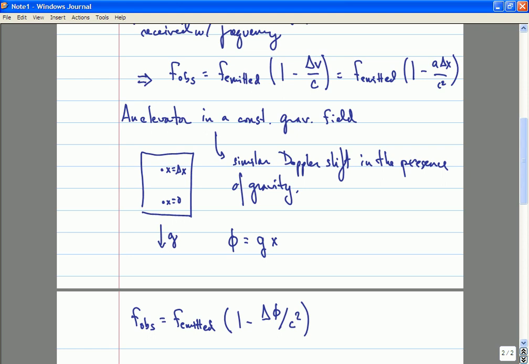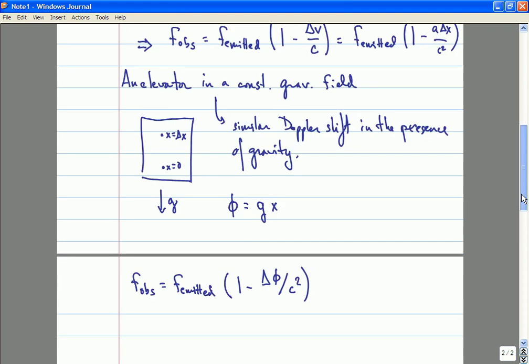So if you wish to send a signal from the basement of your physics building to the roof of your physics building, then there will be a shift in the frequency of that signal that's given by the difference in the gravitational potential divided by the speed of light squared.